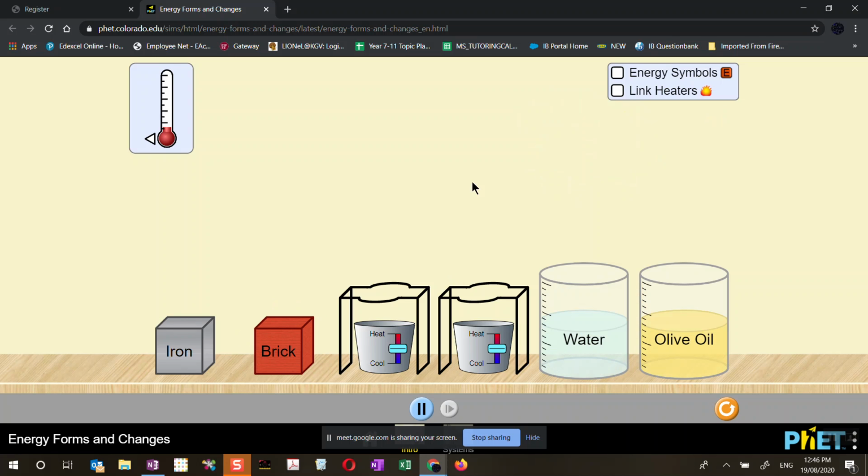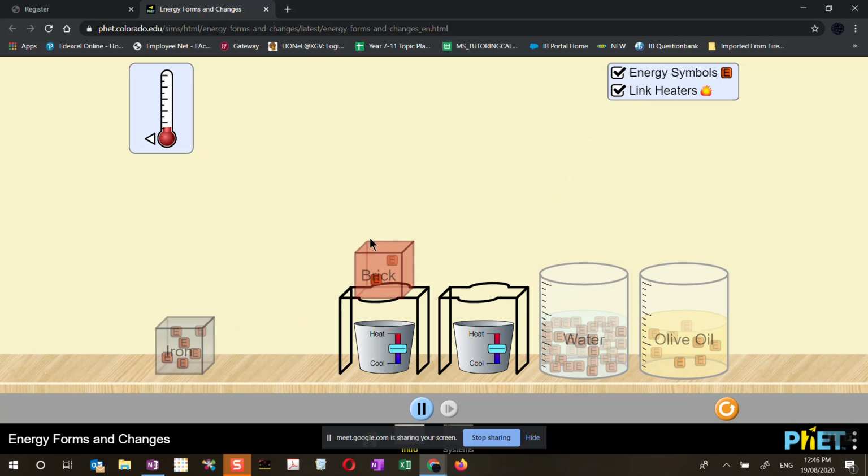Right, let's reset again. Link our heaters, put on our energy symbols, and get our brick and iron. And let's do it a slightly different way. So we got them linked so I can turn them on. You might notice at the very start that the temperatures, the brick and the iron, are the same temperature, but the iron has a whole bunch of energy in it, and the brick doesn't have all that much.